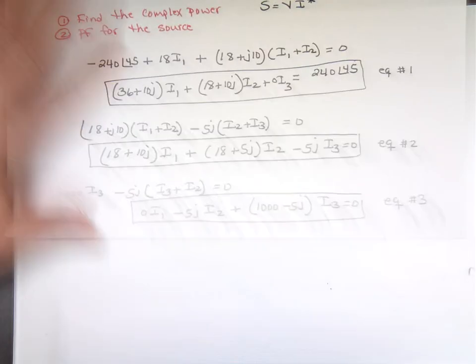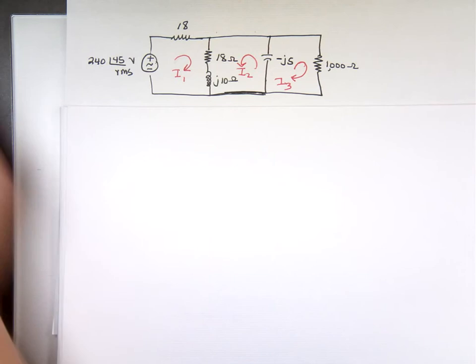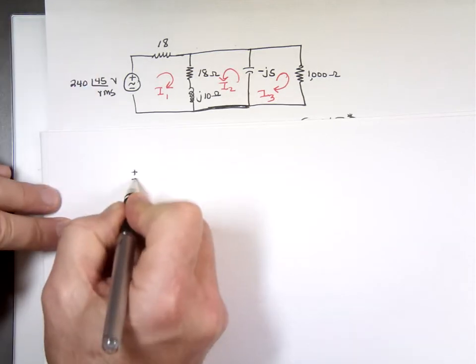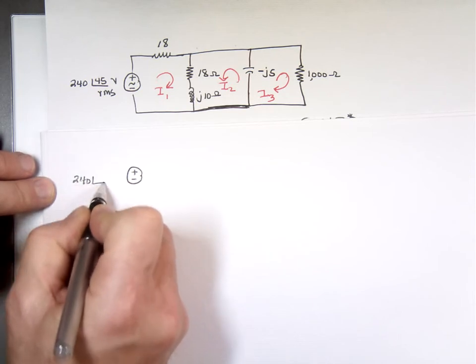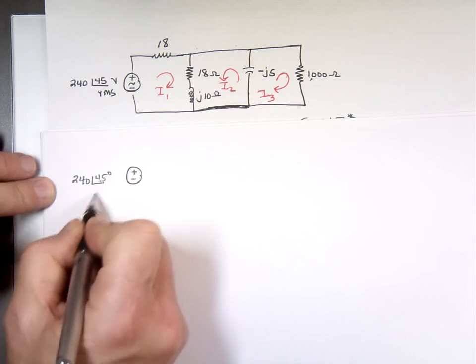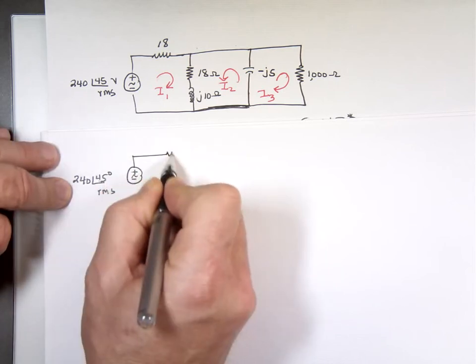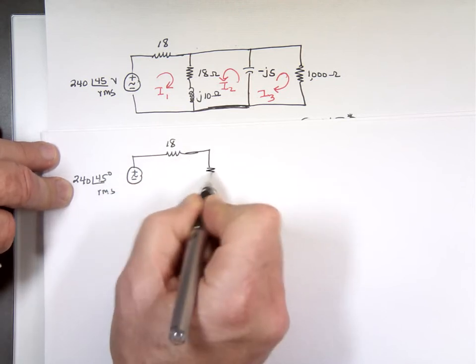Let me draw my circuit first. Put it there, because once I get the answer, I'm ready to find the answers to each one. I don't want to keep coming back to that picture.